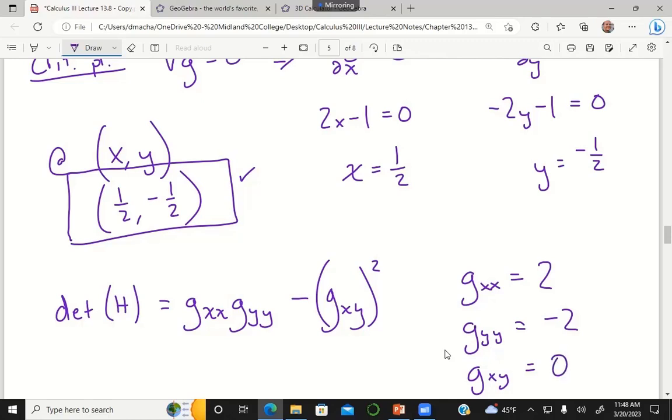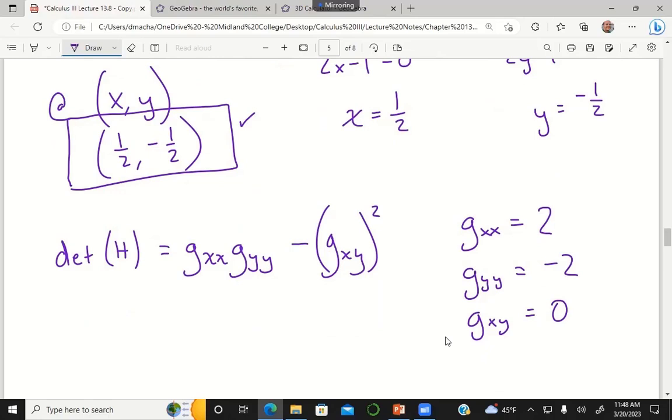Zero. Yep. This was the partial with respect to x, it was 2x minus 1. If I took the partial derivative of this with respect to y, it would just be 0, right? Or, alternatively, this was the partial with respect to y, and if I took the partial with respect to x of this expression, it would also be 0. So then the determinant of my Hessian matrix is equal to 2 times -2, which is -4, minus 0 squared.